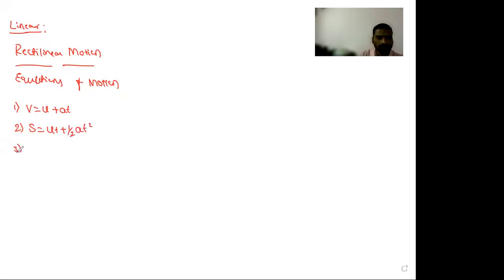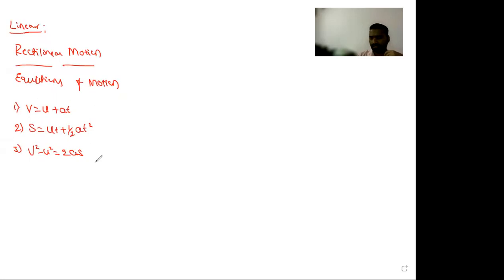Third one is V square minus U square is equal to 2AS. V is the final velocity, U is the initial velocity, A is acceleration, T is time. S is displacement, and its unit is meter.